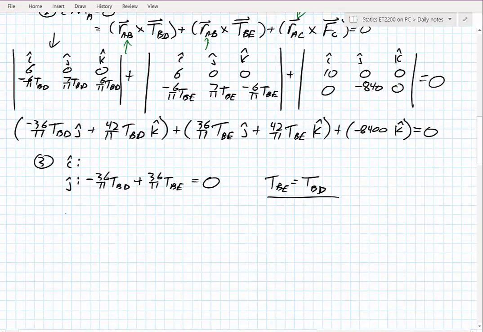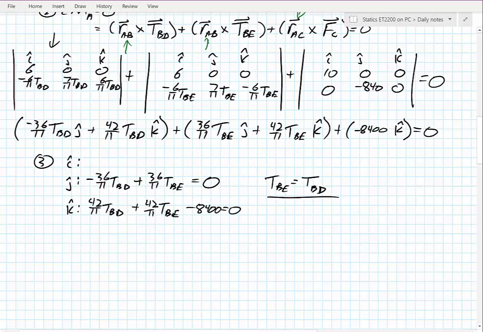From our K direction, adding up those, what I end up with is this 42 over 11 TBD plus another 42 over 11 TBE, and I have minus this 8400 is equal to 0.